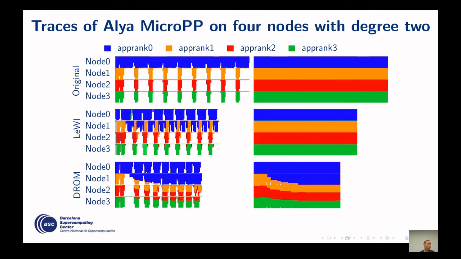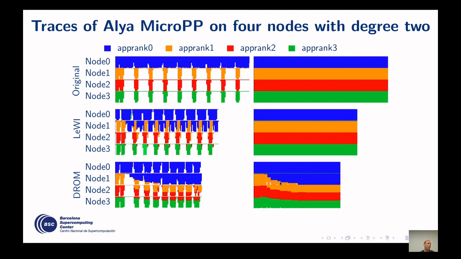Finally, when using DROM, we can see how node 1, after some time, starts executing more and more work from apprank 0, up to a point that most of the work that it is executing is basically from apprank 0. The work that originally was in node 1 from apprank 1 migrates to node 2, but also the ownership, as we can see here on the right, has changed.